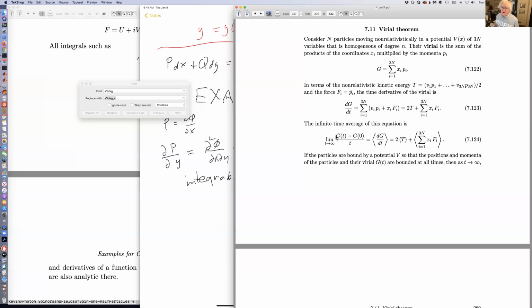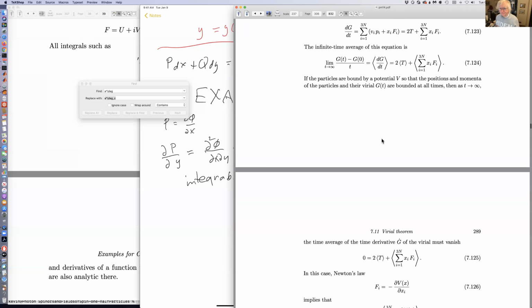Well, that is the virial at a large time minus the virial at time 0 divided by the large time. On the other hand, if these particles are bounded by the potential into some finite region, and they have finite energy and so forth, so that their virial is finite, then as t goes to infinity, this all is equal to 0.